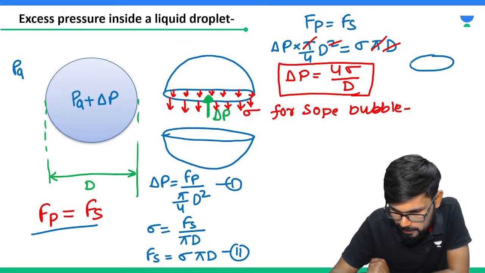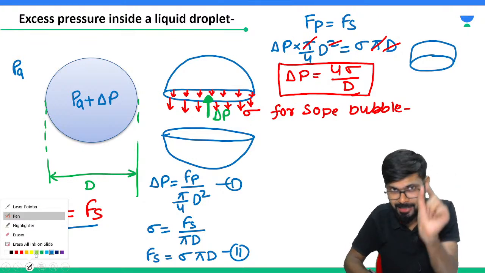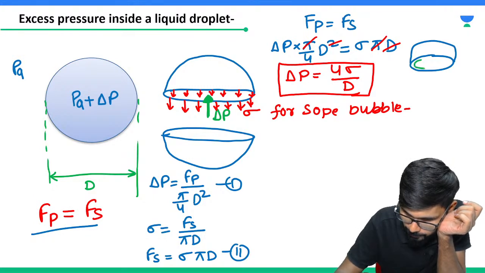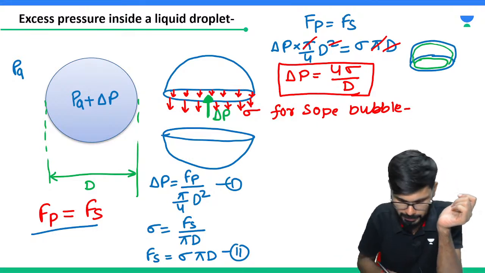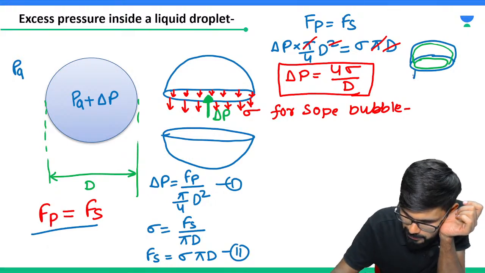It is one surface here, and inside also one surface will be there, because it will have some thickness. It will look something like this.